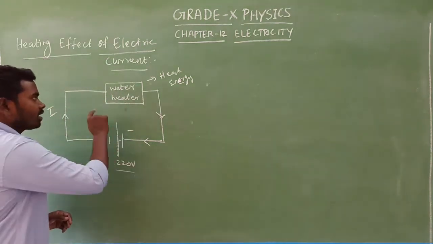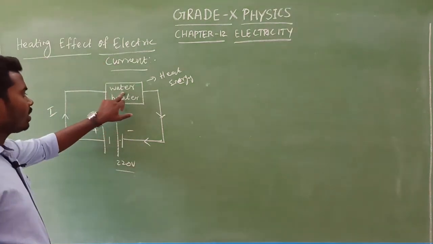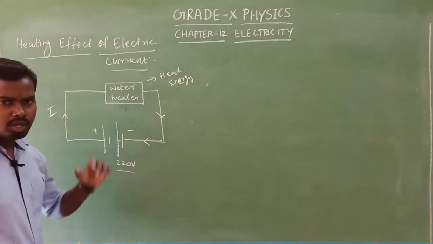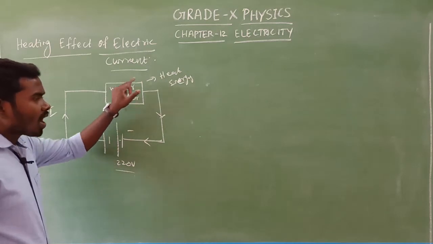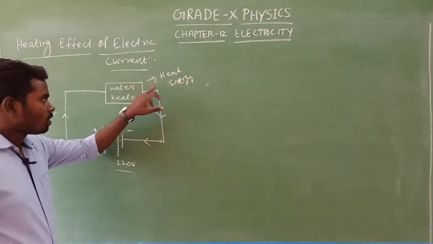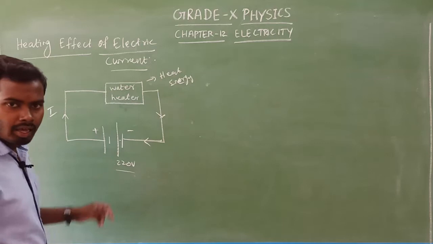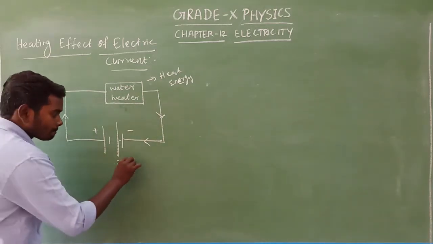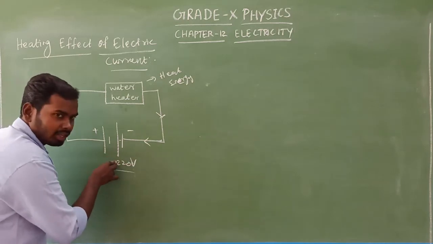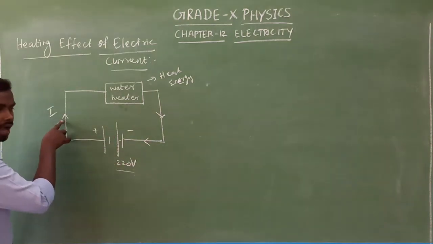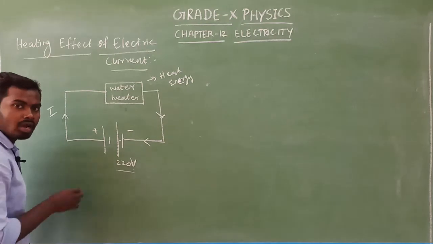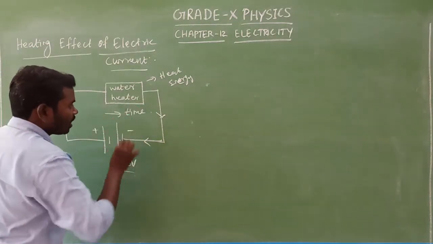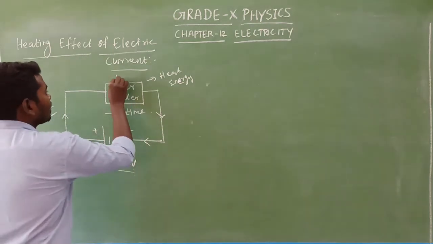Here these electrical appliances, which means the water heater, convert this electrical energy into heat energy. Am I right? Electrical energy into heat energy. So what causes heat here? Heat is caused by this potential difference, which means the voltage applied by the battery, and this current, and yes, the time factor, as well as resistance.